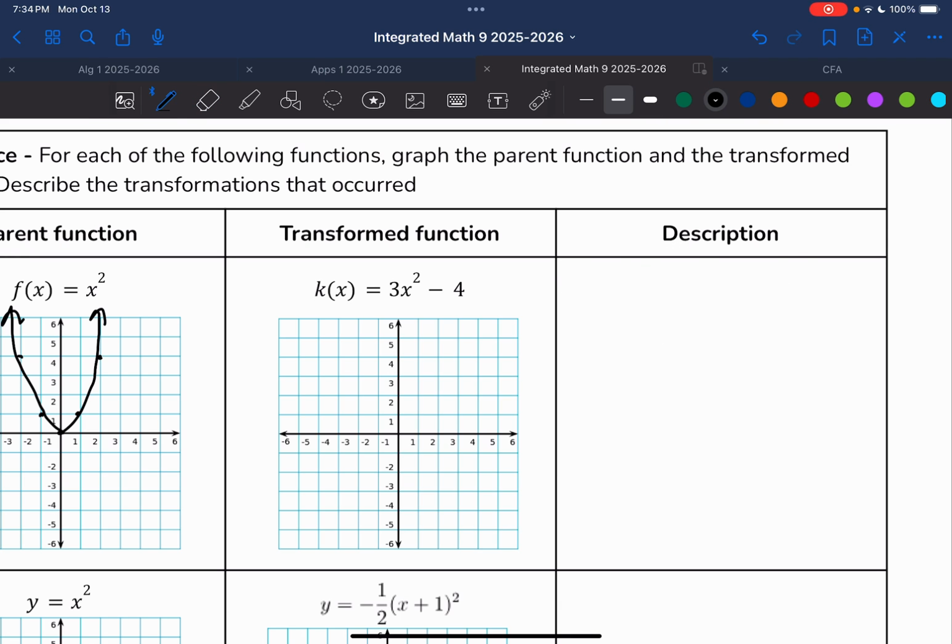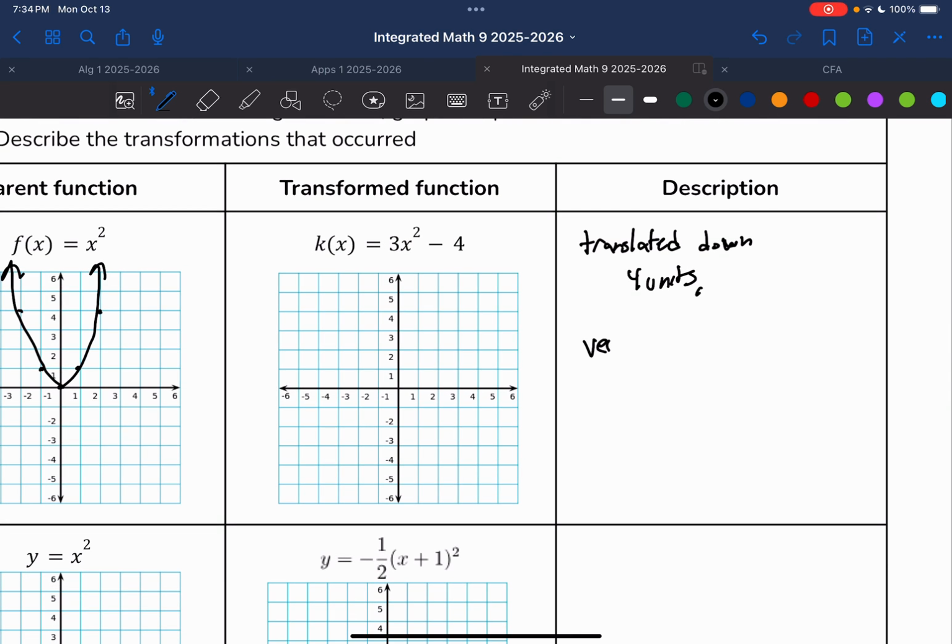I'm going to just write translated down 4 units. And then we also have a vertical stretch by a factor of 3, and that comes from the 3.